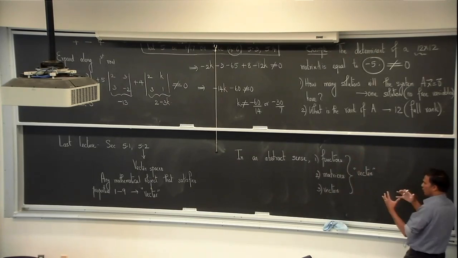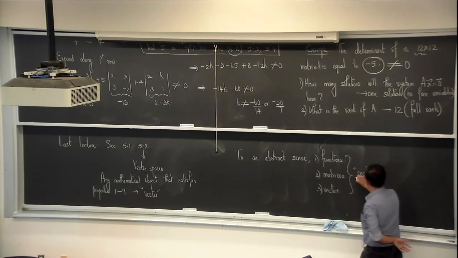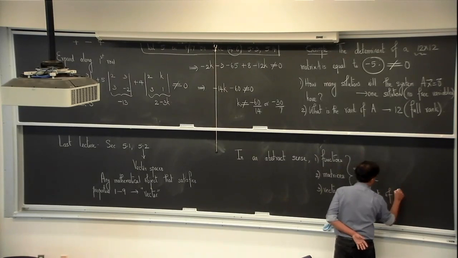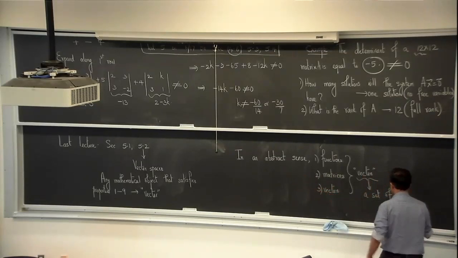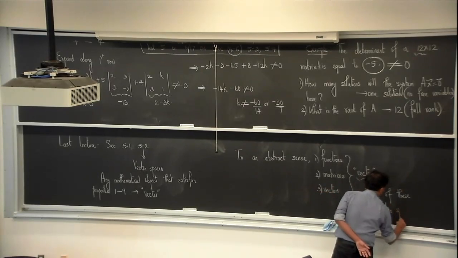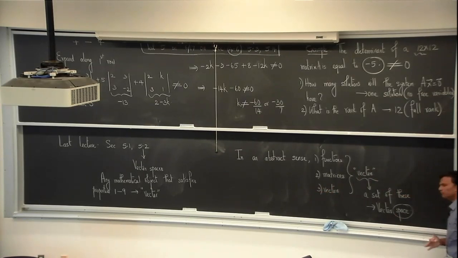Everything kind of combined into one single group. Those are vectors, and a set of these vectors which have the uniform set of properties 1 to 9 is what we call a vector space. Okay. Once again, the word space does not mean a physical space, it just means a collection or a set of things. Okay.